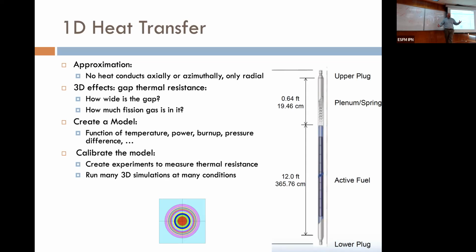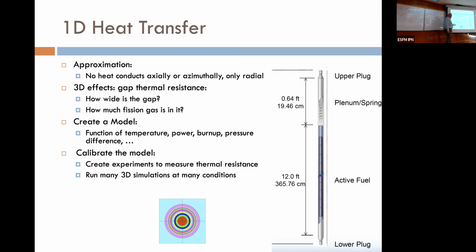So that means temperature is what we care about most. And yeah, there's going to be some axial conduction, but most of the heat is coming radially out. You have cold water here, and you have really high power in the center. And so almost all of it is just going to be one-dimensional radial conduction.